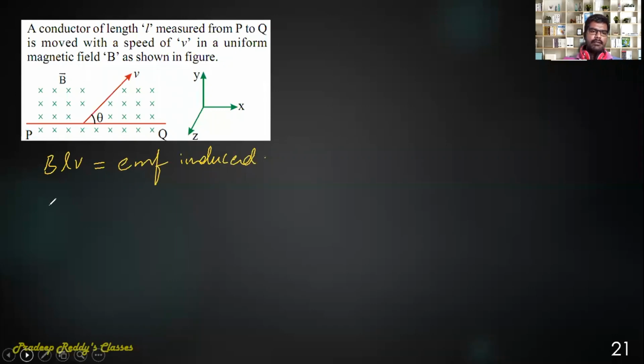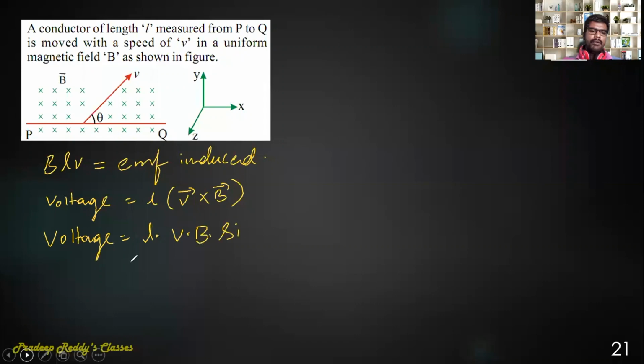This can be written in the vector form: EMF induced, or voltage, is equal to L into V bar cross B bar, or voltage is equal to L into V into B into sine theta, where theta is the angle between V bar and B bar.